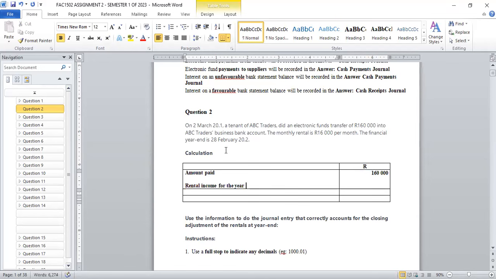It's supposed to be 16,000 per month. So if we say 16,000 multiplied by 12, what do we get? $192,000. So that's 192,000.